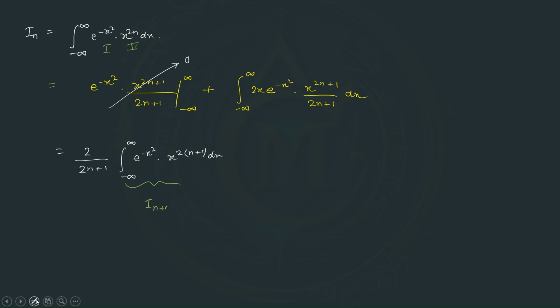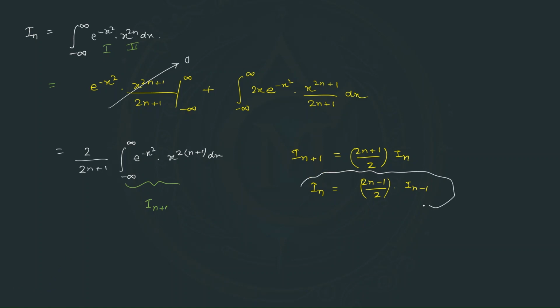So we derived a very important relation here, that I of n plus 1 is 2n plus 1 divided by 2 times I n. So from this relation, we can replace this n with n minus 1 to get I n equal to 2n minus 1 divided by 2 times I of n minus 1. So this is an important relation.